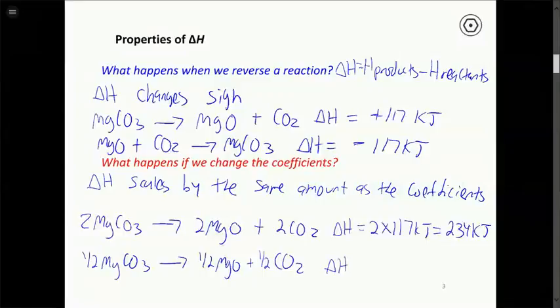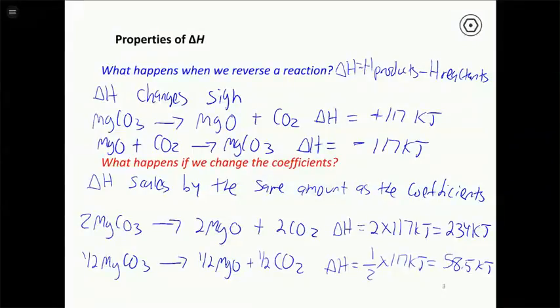Delta H for this is just going to be 1/2 times that original value of 117. Alright, so whenever we change the coefficients or change the order of a chemical reaction, we have to also then correspondingly change delta H. And we could do some combination too. We could flip a reaction and adjust its coefficients. So there's a lot of possibilities here.